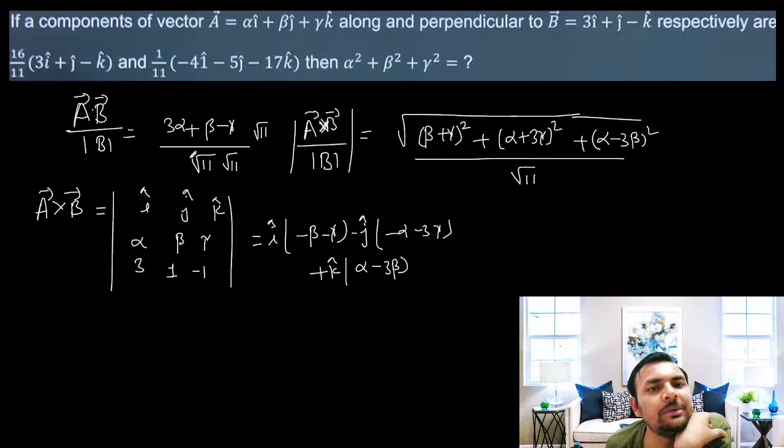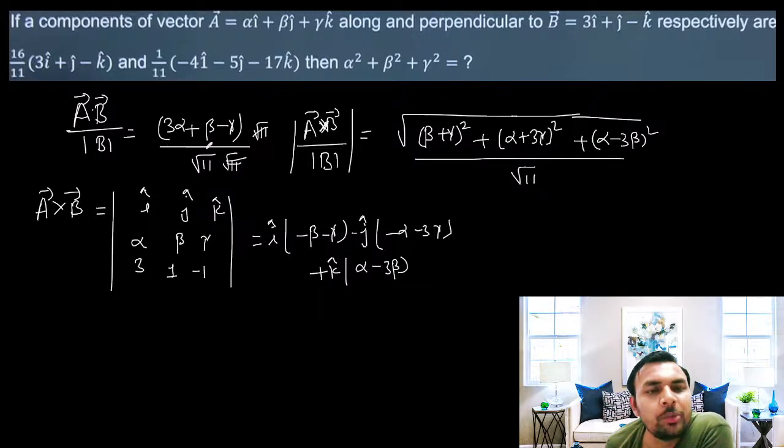So this is 11 and 48 for A dot B. Wait, this root 3 we cancel.